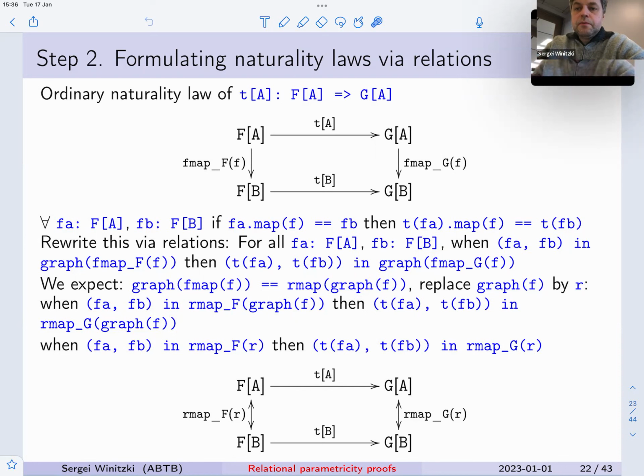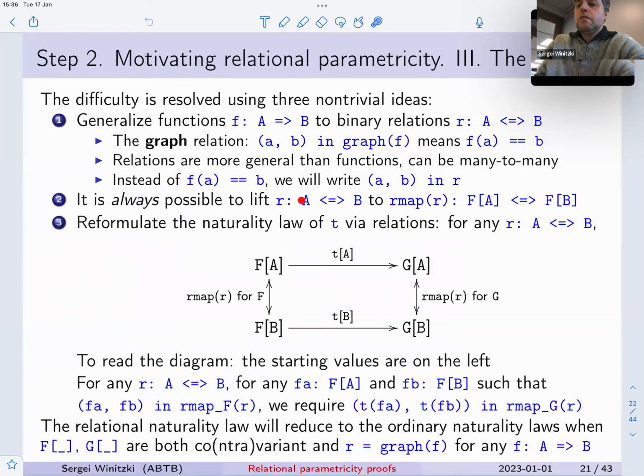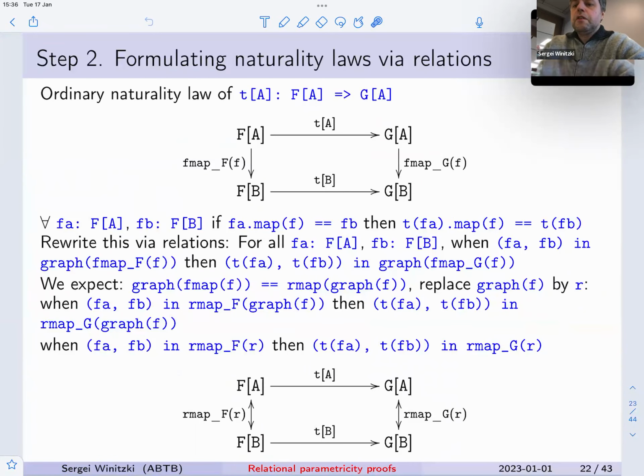But this is something we expect to happen when f is covariant. We expect that the relational lifting operation is compatible with the fmap for a covariant type constructor. So then we can just replace the graph relation of f by an arbitrary relation r, and that's how we generalize.